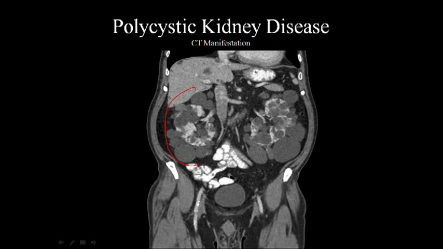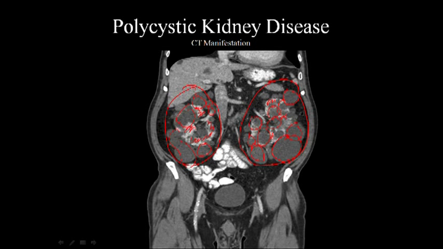But we see this is the area that we're looking at, and you see all of these little areas. That is all cyst. I noticed that here and here and here you have normal renal tissue.